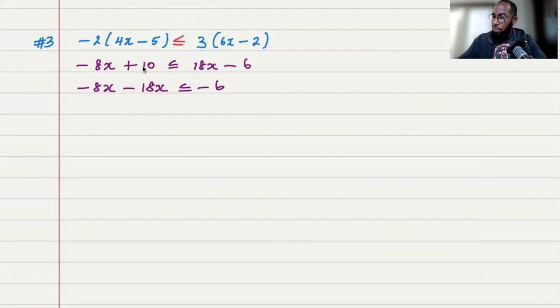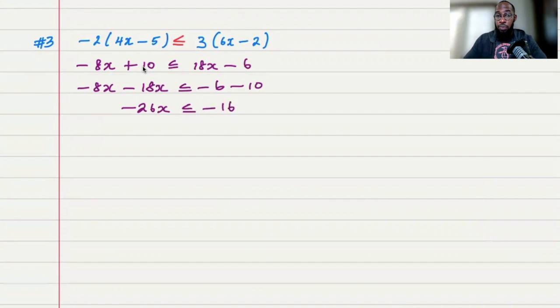This will cancel out. I have to put minus 10 on that side. All right, so negative 8 minus 18 is negative 26x. Make sure you verify the calculation in your mind. Is less than or equal to negative 16.